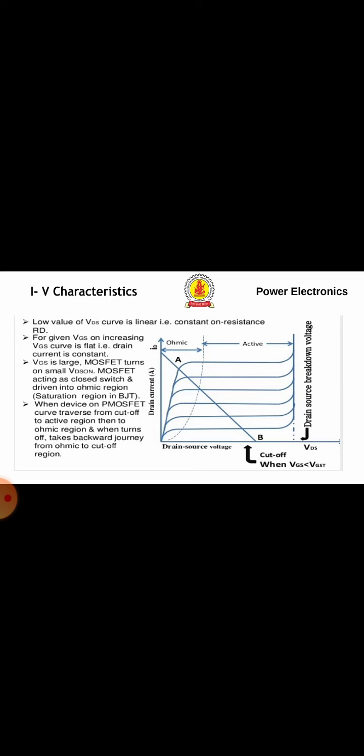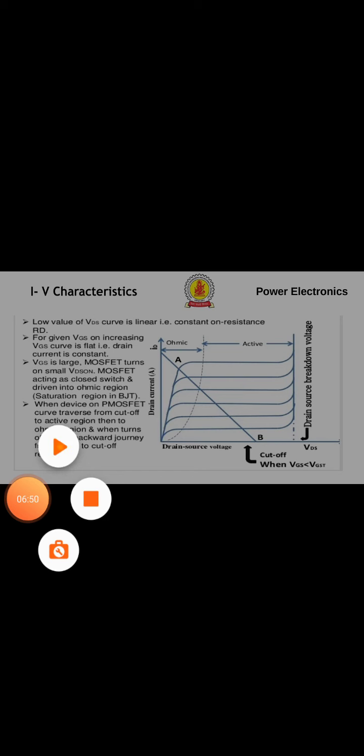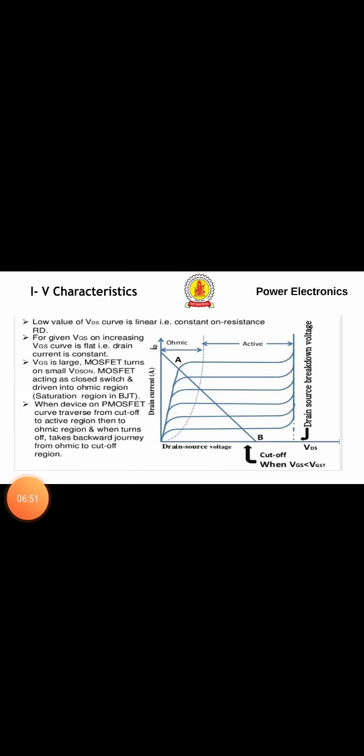This indicates a constant value of on resistance RDS equal to VDS upon ID for a given VGS. If VDS is increased, the output characteristic is relatively flat, indicating that drain current is nearly constant.